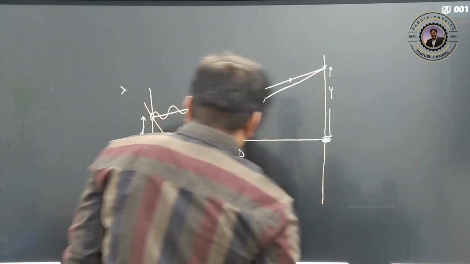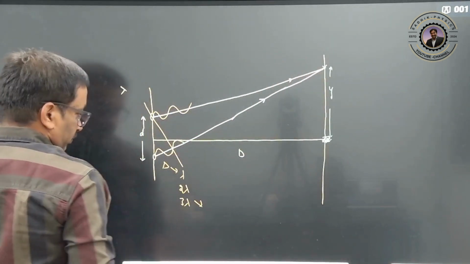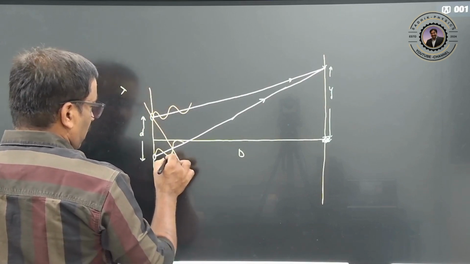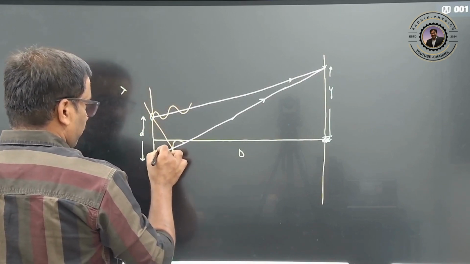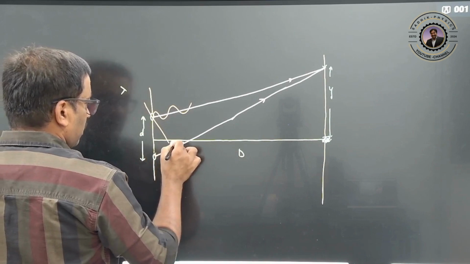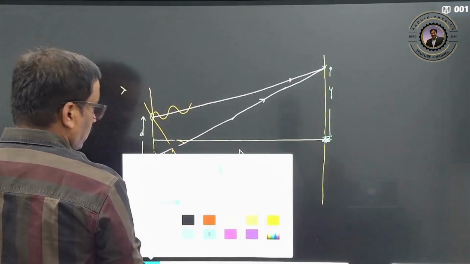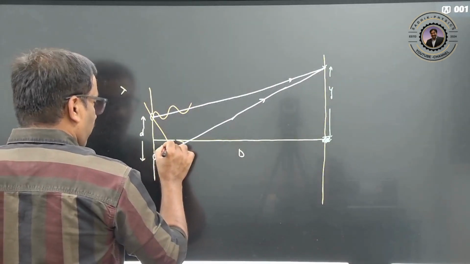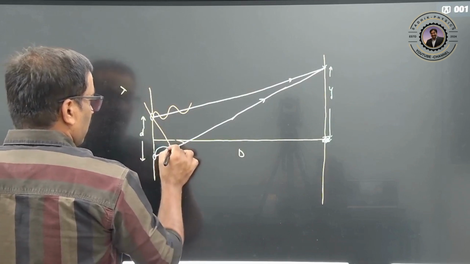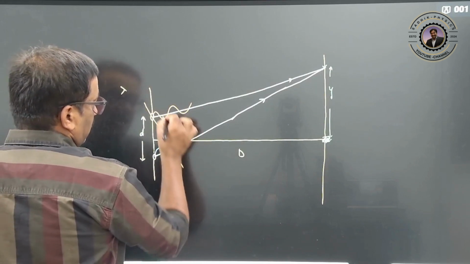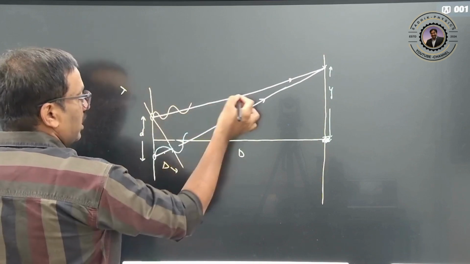Now suppose at this point there is one half wave created, then compulsorily here a crest is there, here a trough is there, here a crest, a trough, and that will be a destructive interference.